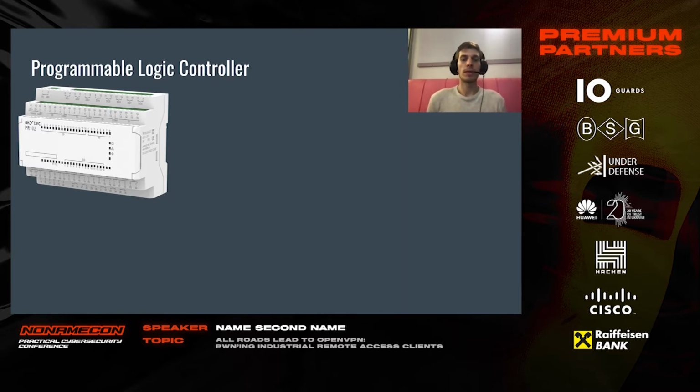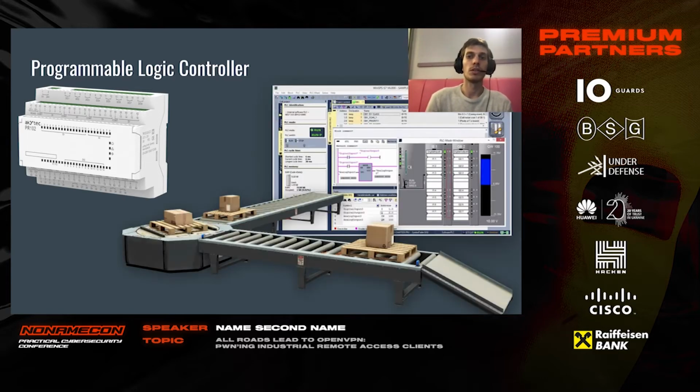So what happens is that the programmer writing logic for this PLC transfers the logic to it. The programmer is using something similar to an IDE. For example, this is the IDE that the engineer is using, and the right terminology for this is engineering workstation. Using the engineering workstation, they're writing logic, for example, how to read data from different sensors and how to command the different actuators and motors.